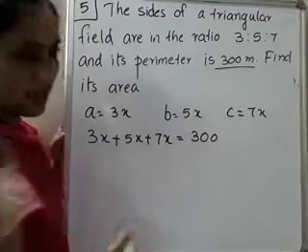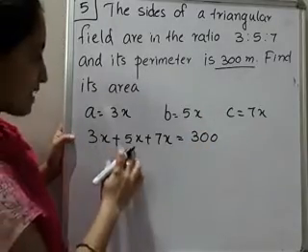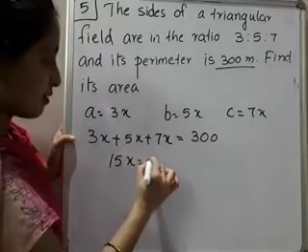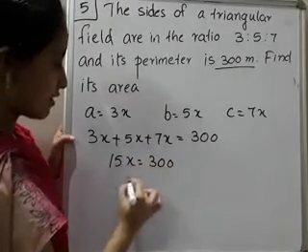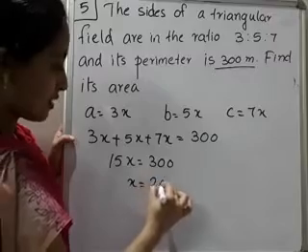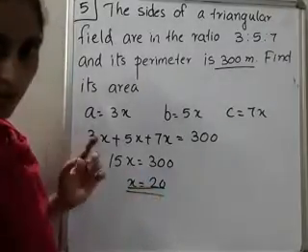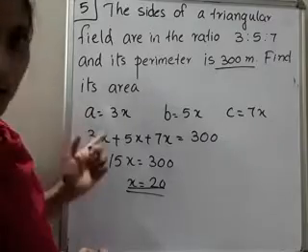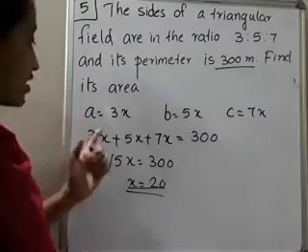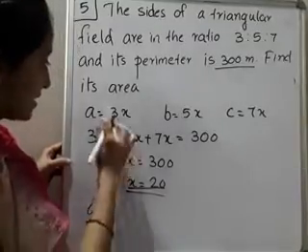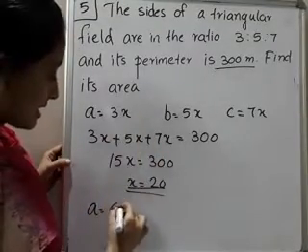What is that? 15x is equal to 300. So x will be equal to 300 by 15, that is 20. This is x only. Now you want to find the actual numbers representing the actual sides A, B and C. So A will be equal to 3 into 20, that is 60.